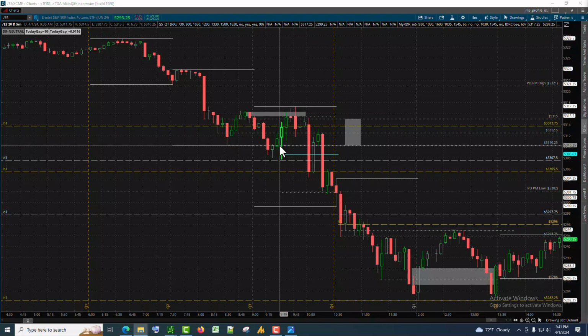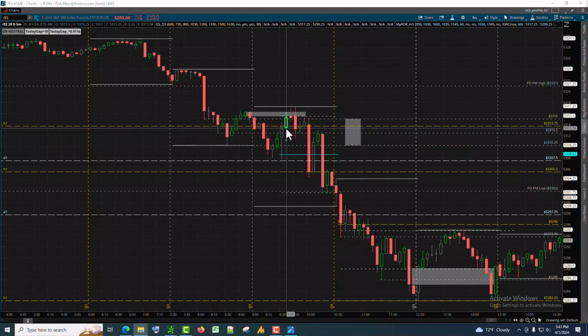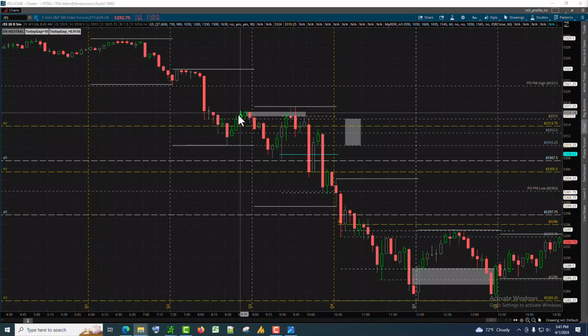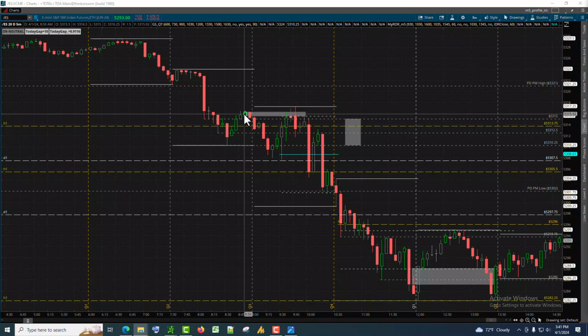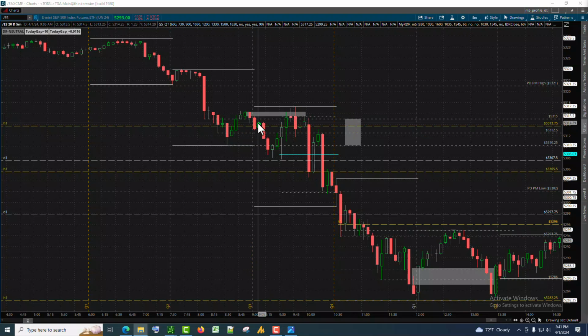But in this case we may make an incorrect interpretation right here. So right here it's going to be a little confusing. We have this level as a down, up, and then it's supposed to go up right here, but it breaks down.